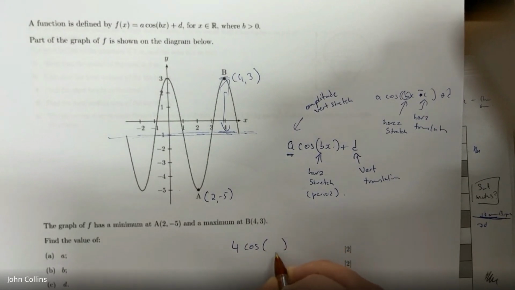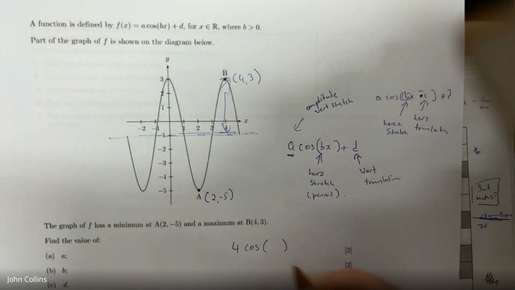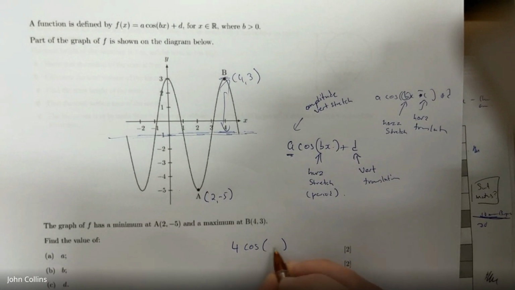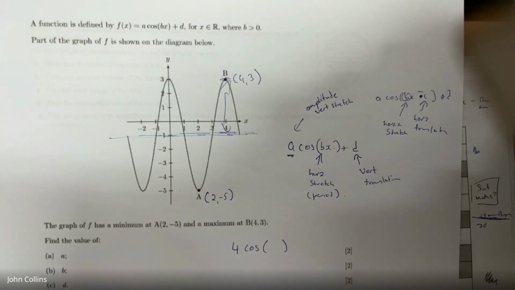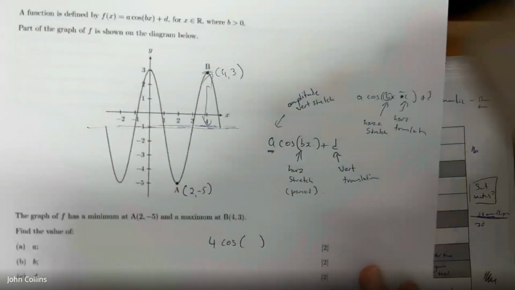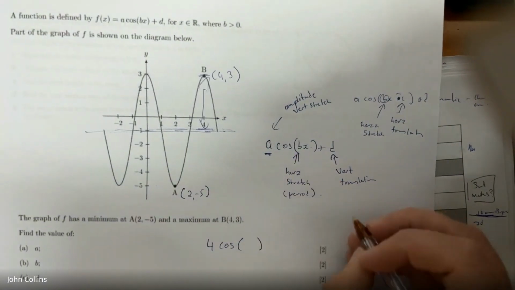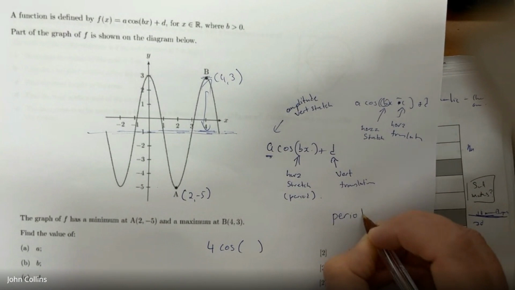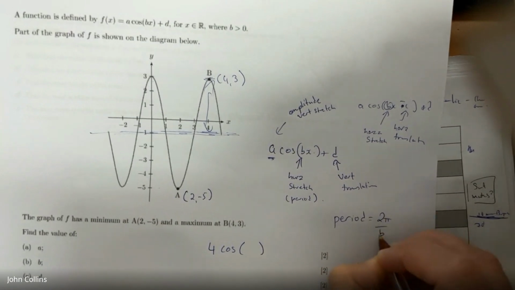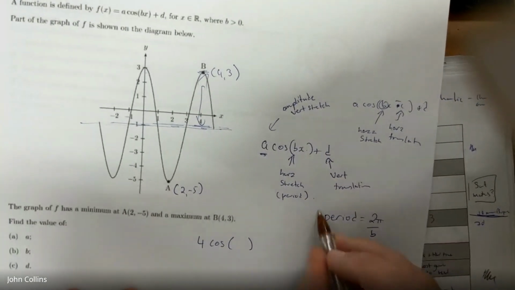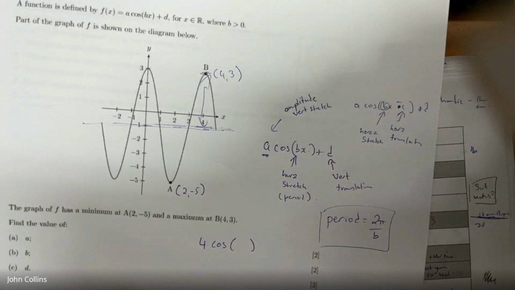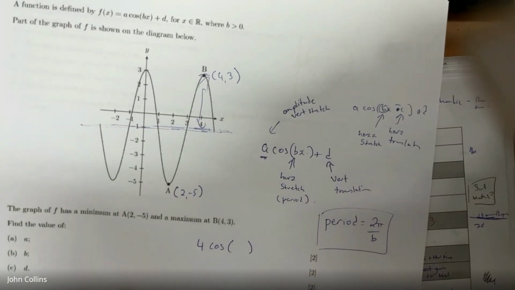The bx we're going to leave till later, or maybe we do it now. What's the b going to be? 4. Every time I see this function, and I'm talking about the period of the function, I write this: period is 2 pi over b. But that won't be the multiplier. That is the period, yes.